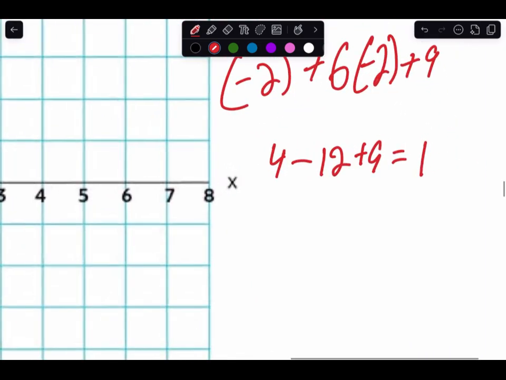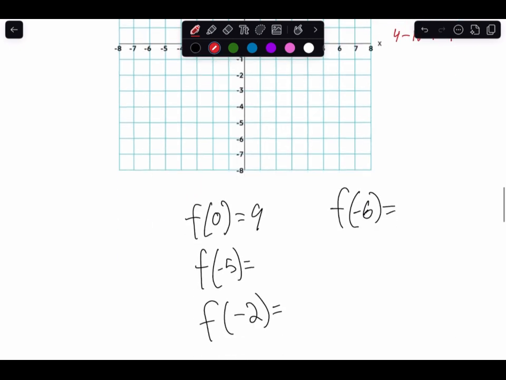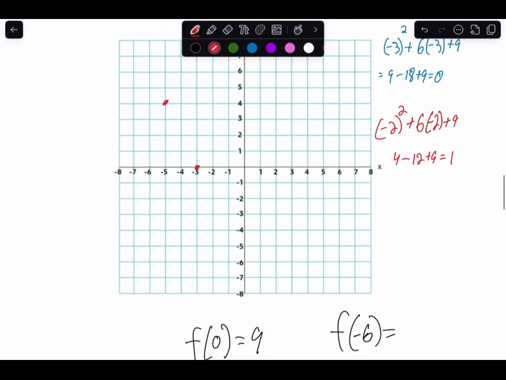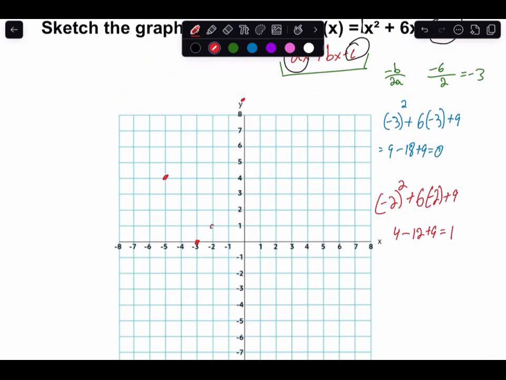Let me double check. Negative 8, yeah, okay. So f of negative 5 is 4, and f of negative 2 is 1, right here. It's really close.